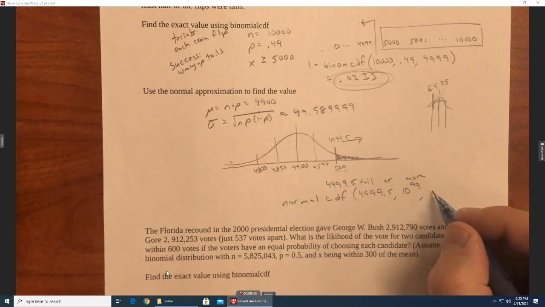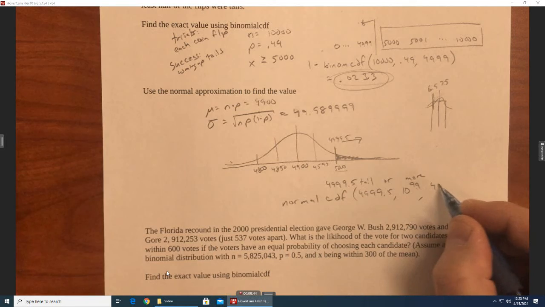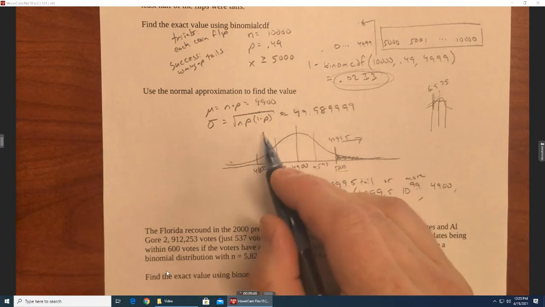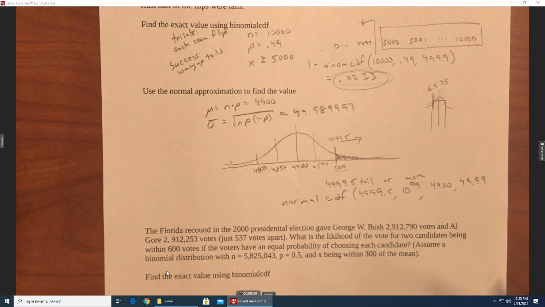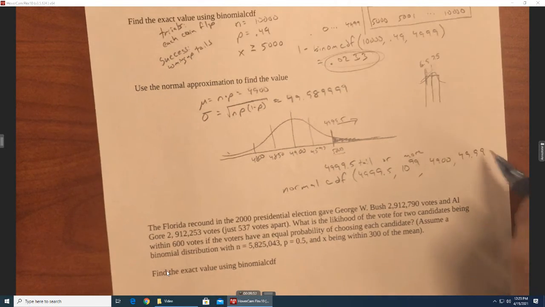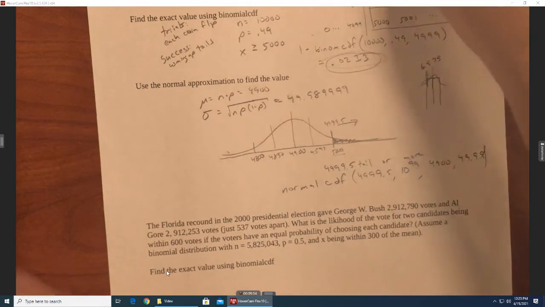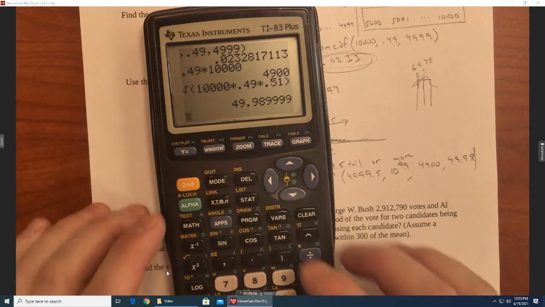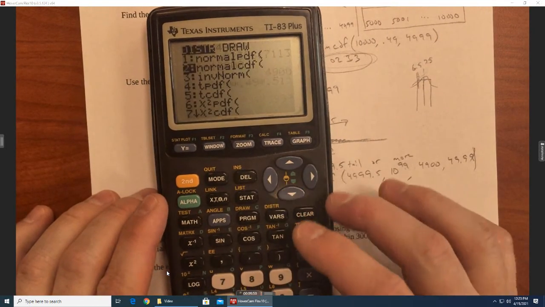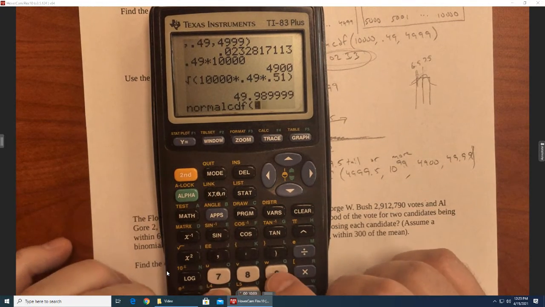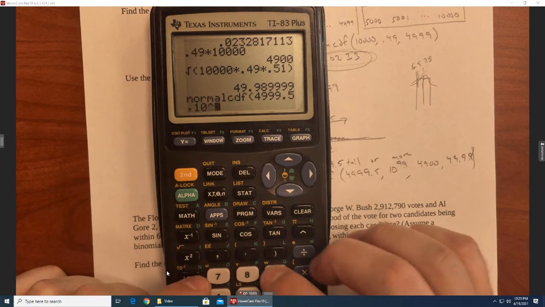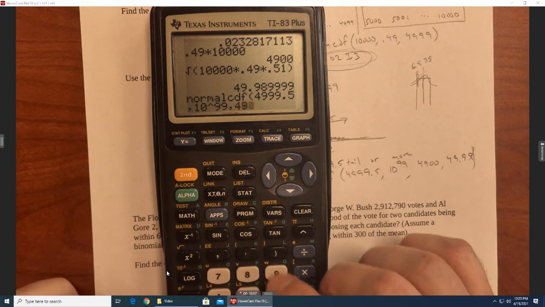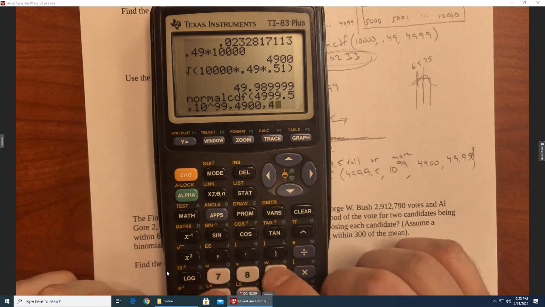Then we'll do our mean, which we found right here, is 4,900. And our standard deviation, which we found to be 49.99. I'll just go ahead and round that. We'll ask our calculator what this is. Normal CDF, we're going to go from 4999.5 all the way up to 10 to the 99th, 4900, and 49.99.